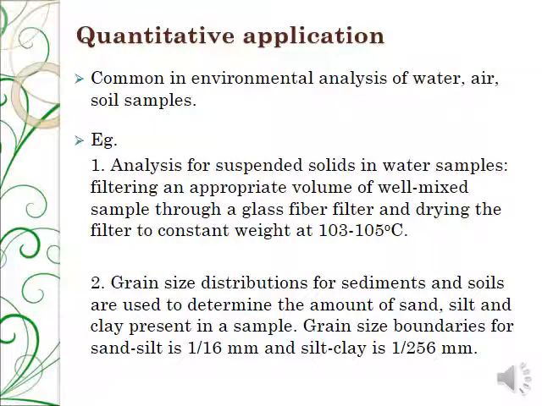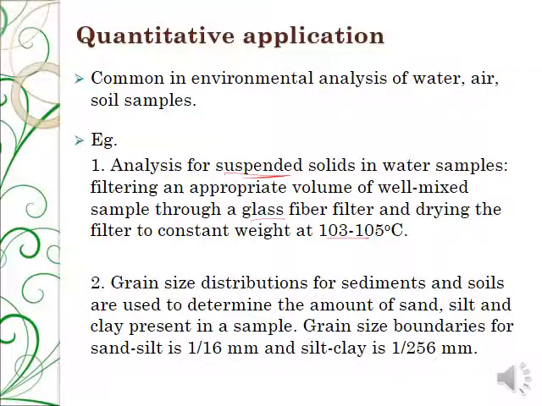So this analysis will filter an appropriate volume of a well-mixed sample through a glass fiber filter, and then the filter is dried to a constant weight at 103 to 105 degrees Celsius to obtain the suspended solids in the sample.